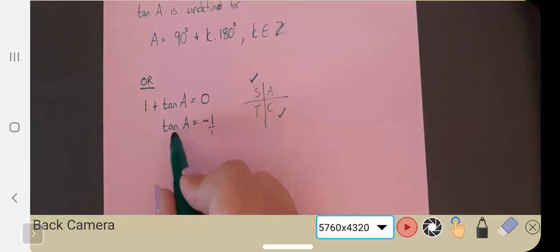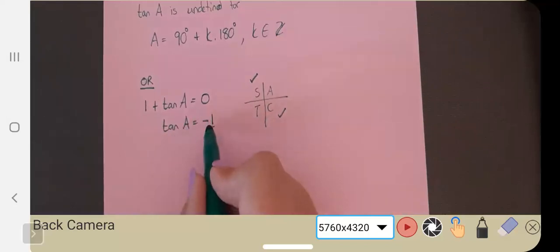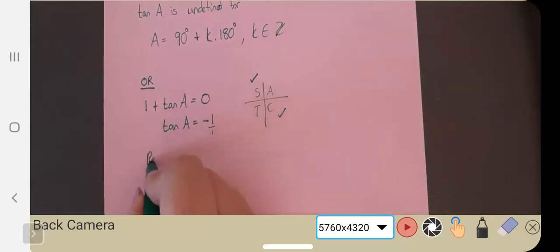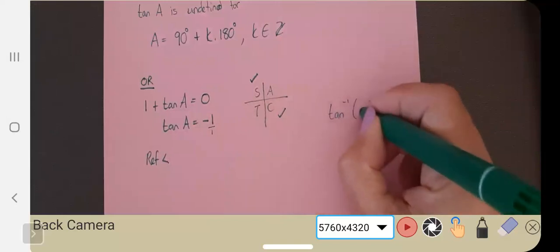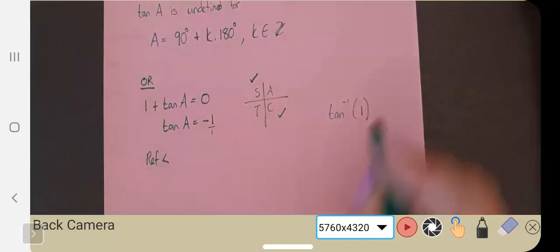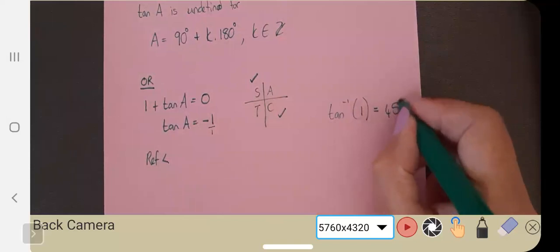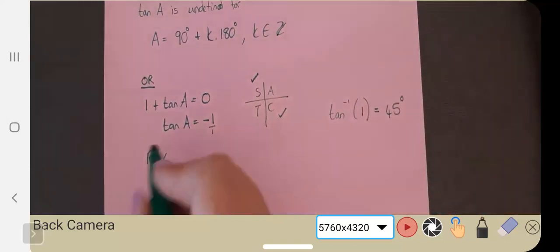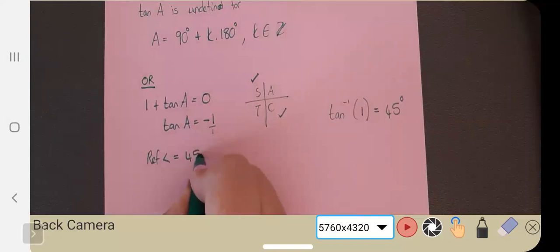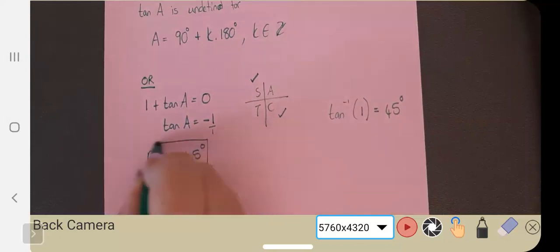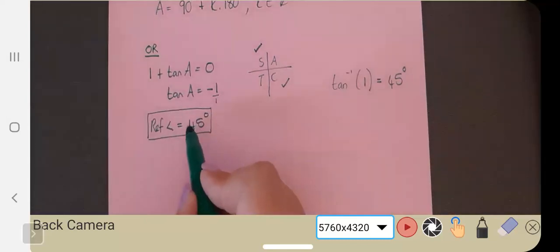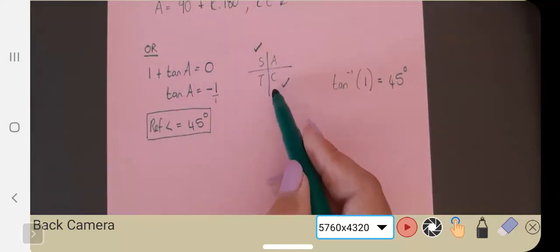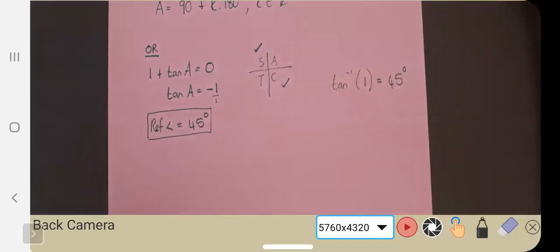For tan to be negative 1, you work out the reference angle, and that is tan inverse of positive 1, which will give you 45 degrees. So that is my reference angle. I use this reference angle in those two quadrants to determine what the degrees will be.